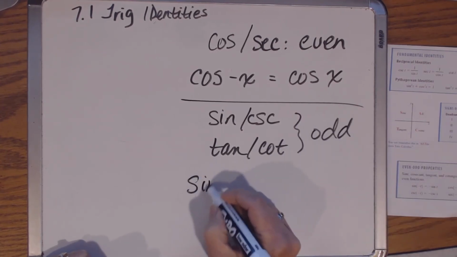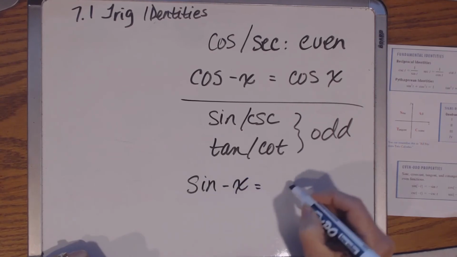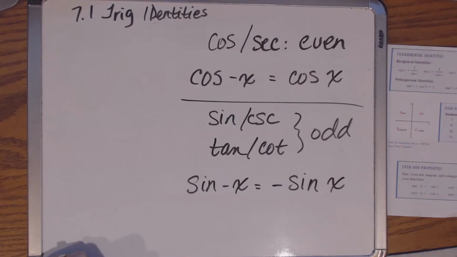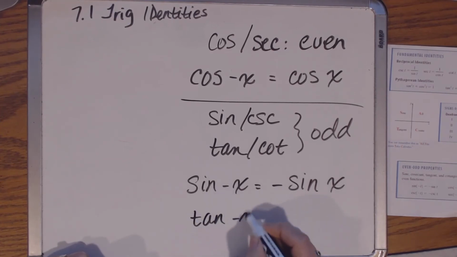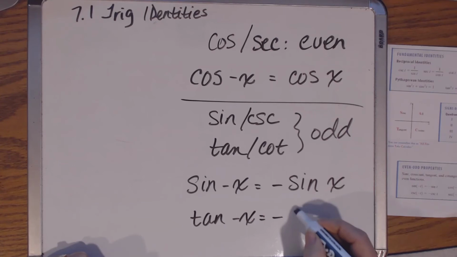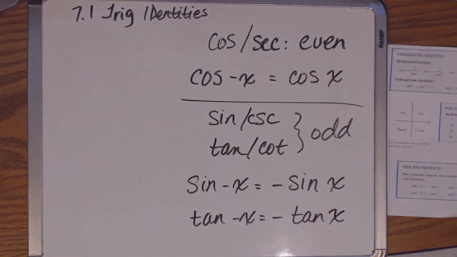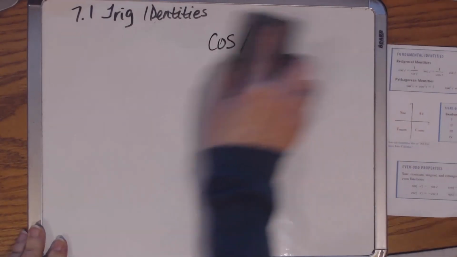Therefore, the sine of negative x is going to equal the negative sine of x, okay? It'll be the opposite. If I put a negative x in, I'm going to get the negative value out, the opposite value. Same thing with tan. The tan of negative x is going to equal negative tan of x. And it turns out knowing this can make solving some of these equations really, really easy.